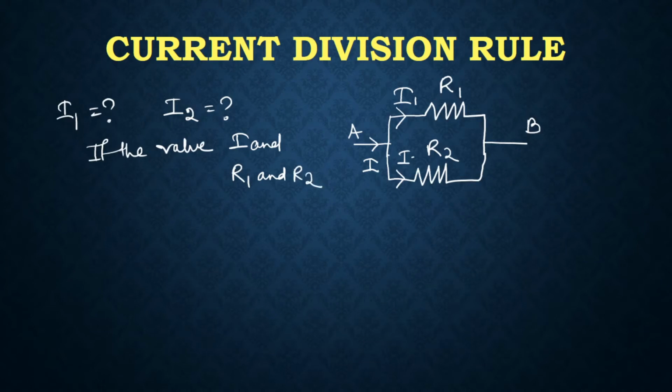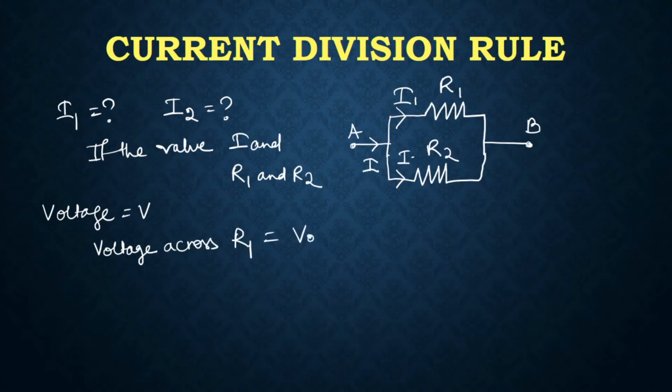Let us consider that the voltage across points A and B is equal to V. In a parallel circuit the voltage remains the same, so the voltage across R1 is equal to the voltage across R2. Using this principle I am going to derive the current across R1 and R2.